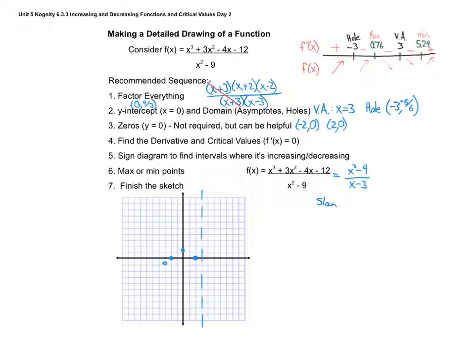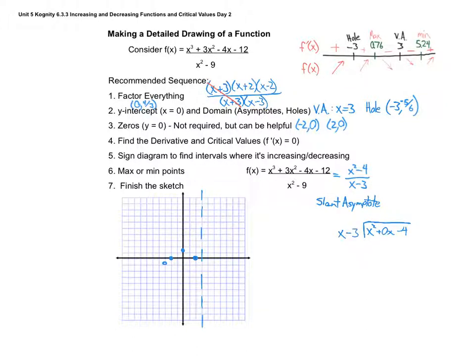And remember, to find the slant asymptote, you divide and ignore the remainder. So I do here an x squared plus 0x minus 4, divided by x minus 3.